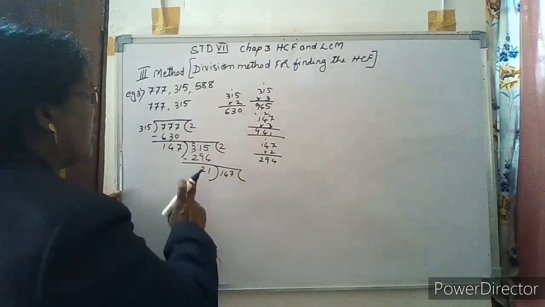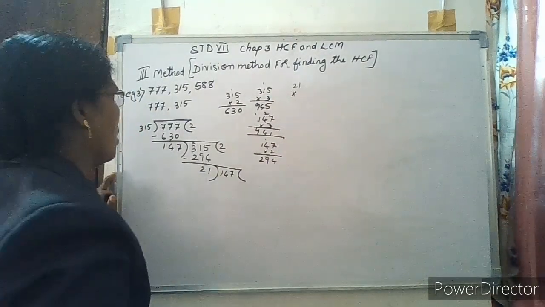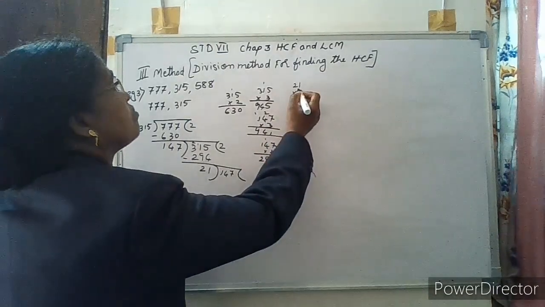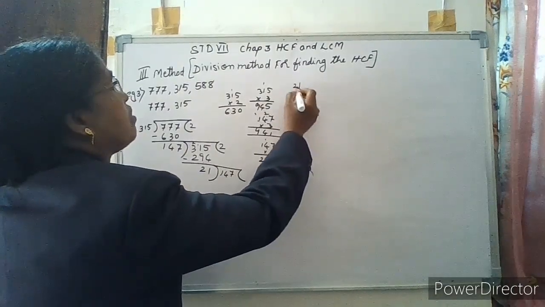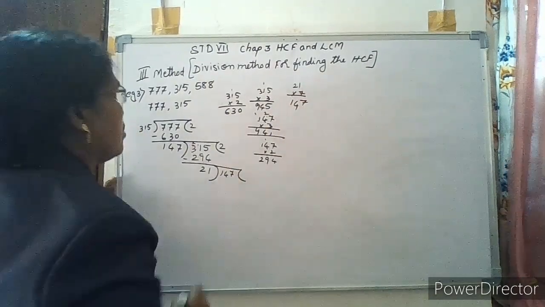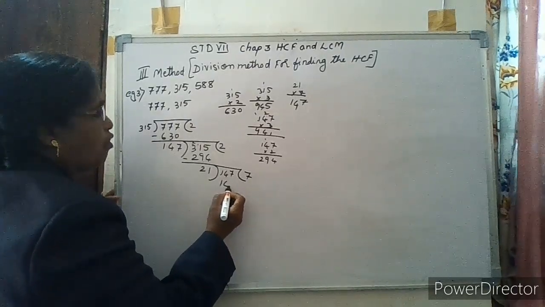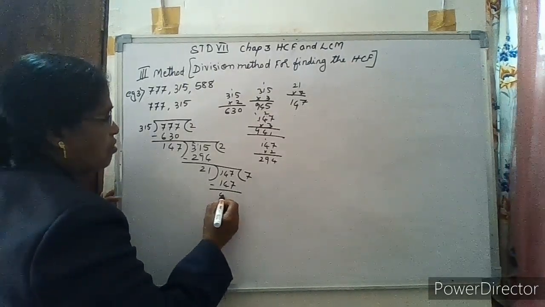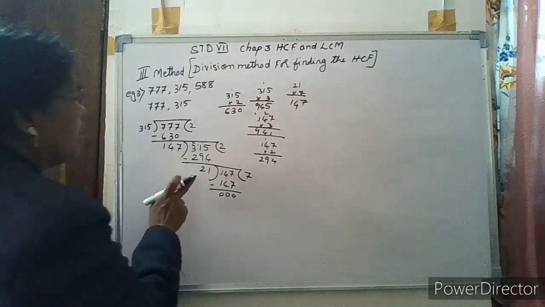Now 21, so 21 multiplied by, suppose, 7 I take. 7 ones is 7. 7 twos is 14. Directly I have got this: 21 sevens is 147. Minus, 0 0 0. Therefore here is the last divisor.